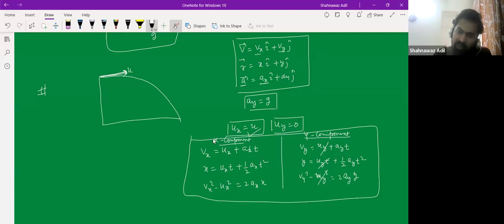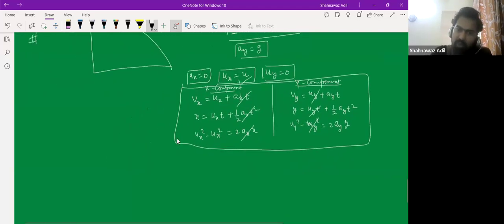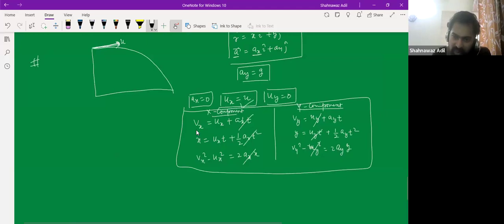And we also know that ax is 0, right? So this part is 0, this part is 0, this part is 0. So for the horizontal case, for the x component, the final velocity in the x direction is equal to the initial velocity in the x direction.